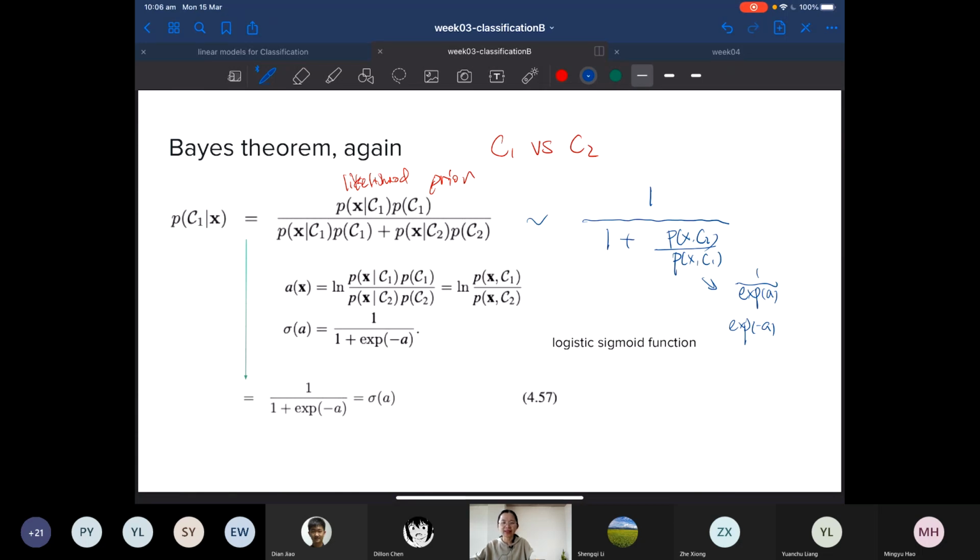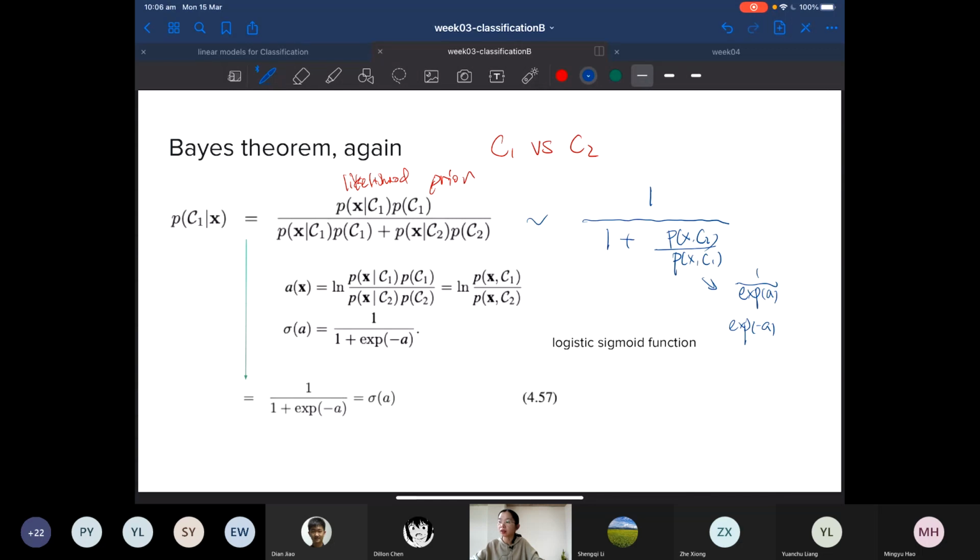Why is this manipulation worth talking about? First of all, it gives us a different quantity that we can talk about and use, which is the log probability ratio A. It shows that the quantity we care about, the class posterior, only depends on A as a quote-unquote simple function.